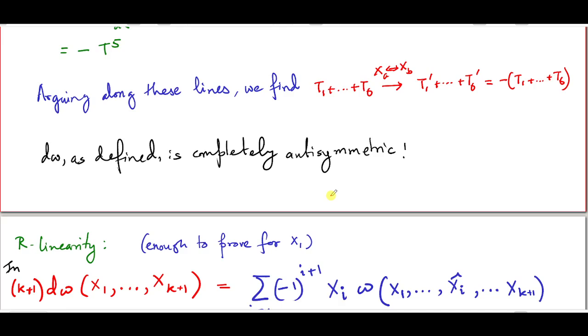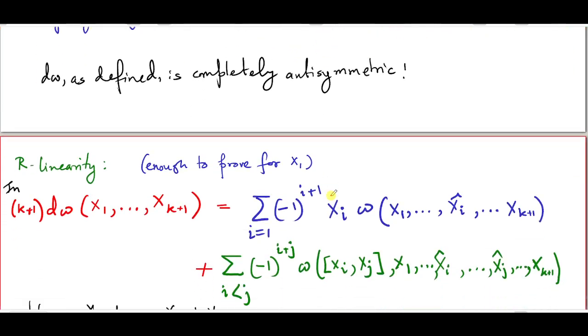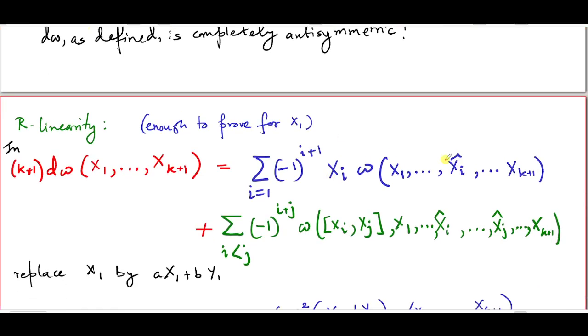Now, when we are trying to do this, note that this is the definition where I'm going to replace x1 by, say, ax1 plus by1. When we explore these terms here, there will be essentially 2 kinds of terms for each one of these pieces. One in which I is equal to 1.